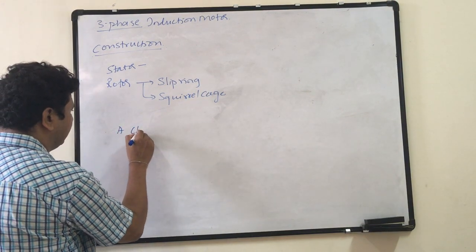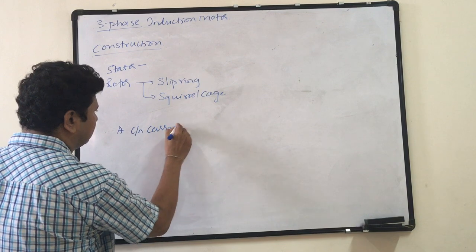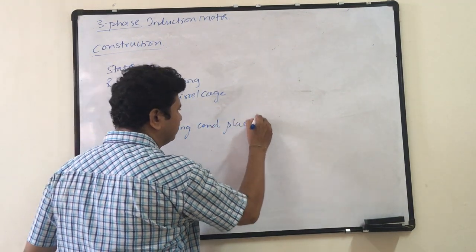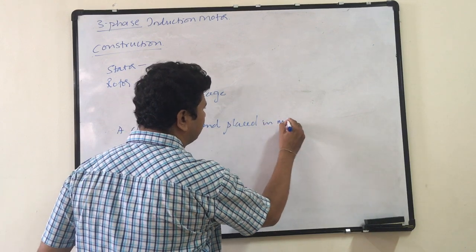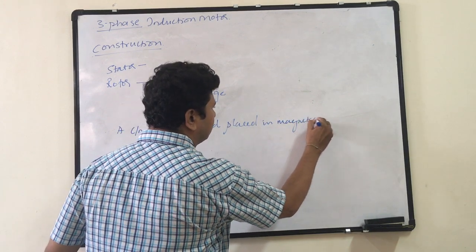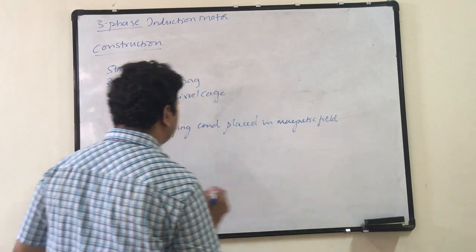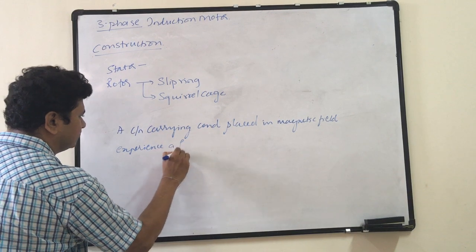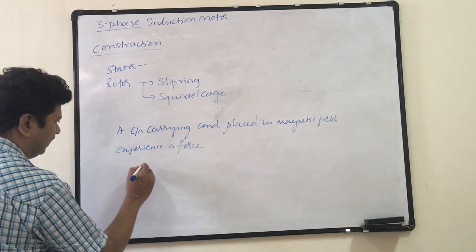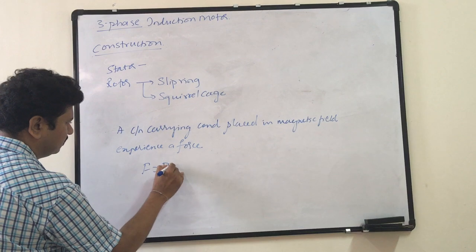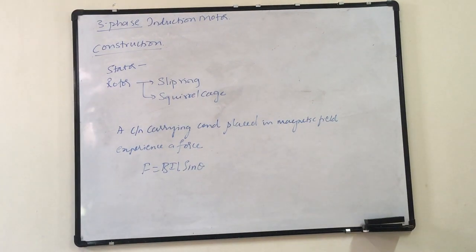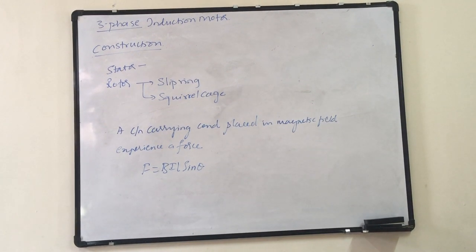A current carrying conductor placed in a magnetic field experiences a force, and that is given by F = BIL sin theta. We are using this equation.